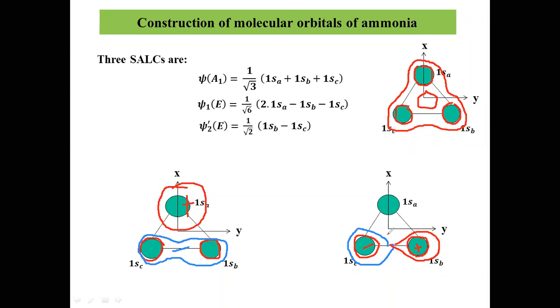So these two are going to be doubly degenerate, as if px and py. Okay, so I would like to stop here, because we are running out of time. We have less than 1 minute. So let me stop here, and if we have any questions, then we are going to discuss.